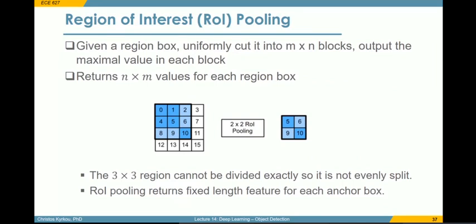Here is a numerical example of how this process works. Given a region, we uniformly cut it into n by m blocks. And for each of these blocks, we extract the maximum value using max pooling.